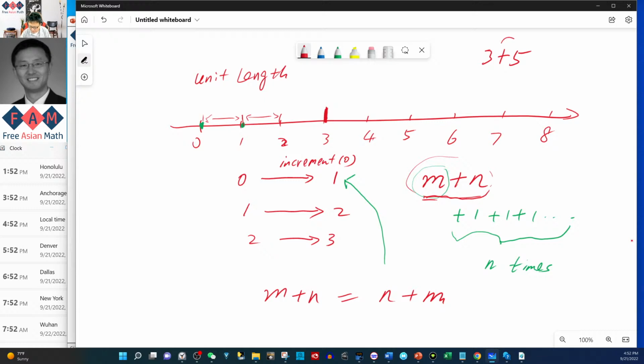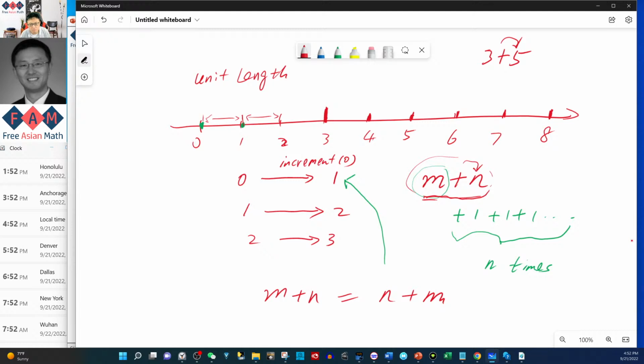And then plus 5, meaning plus n, then we count forward n times, in this case 5 times. 1, 2, 3, 4, 5. So really, we are arriving at point 8.